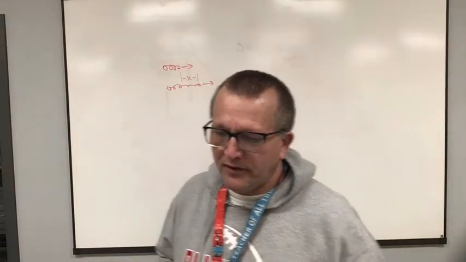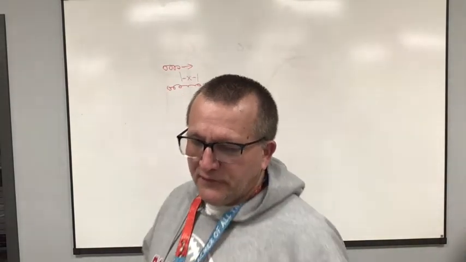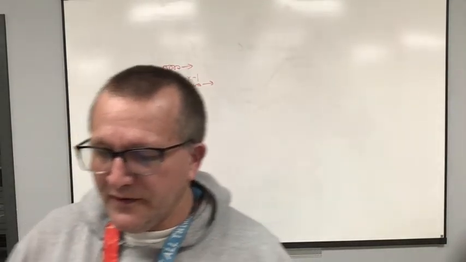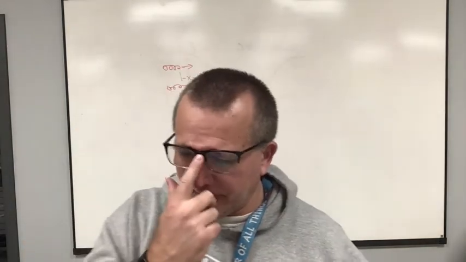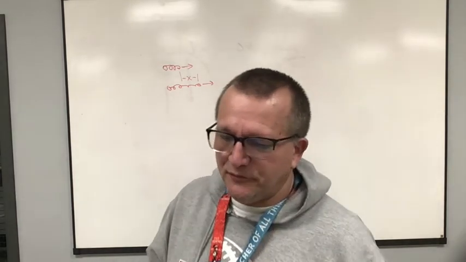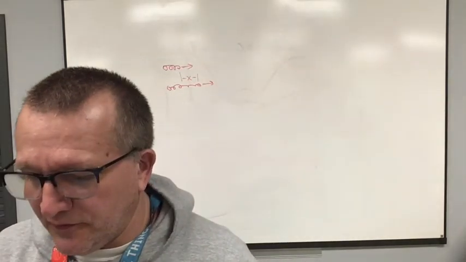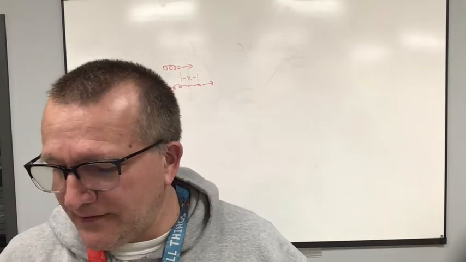So dart gun, a dart of mass 0.1 kilograms is pressed against a spring of a toy dart gun, as shown in the diagram. The spring with a stiffness constant of 250 newtons per meter with ignorable mass, so the mass of the spring is not important, is compressed 6 centimeters and released. If the dart detaches from the spring when the spring reaches its natural length, then what speed does the dart acquire?